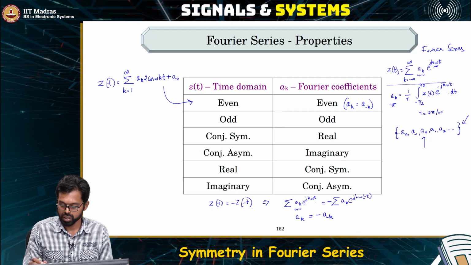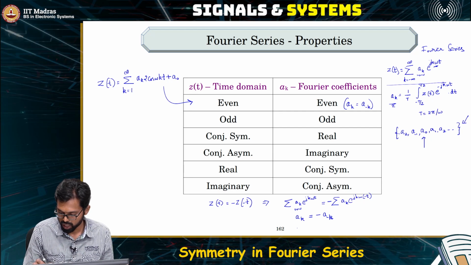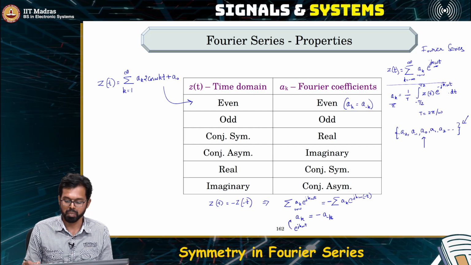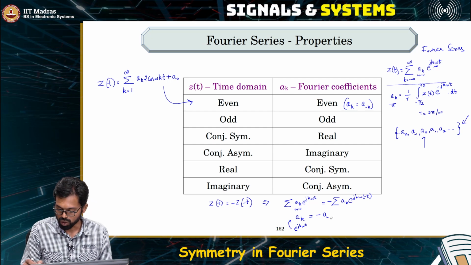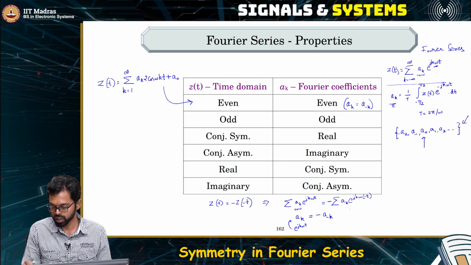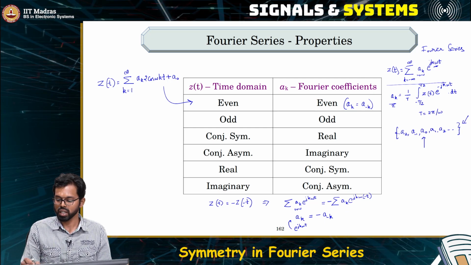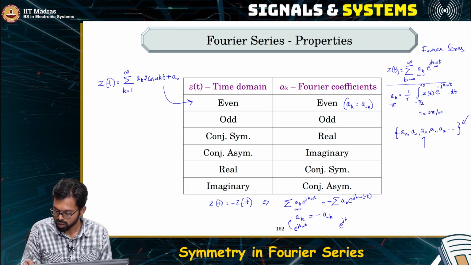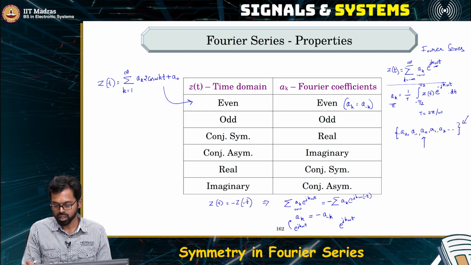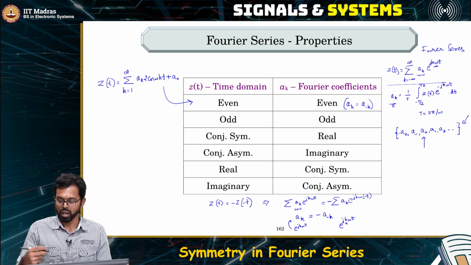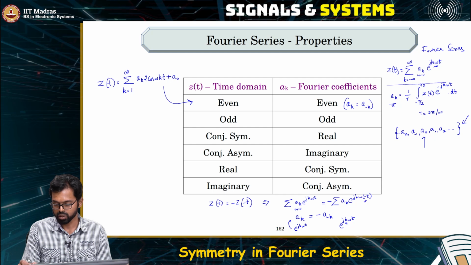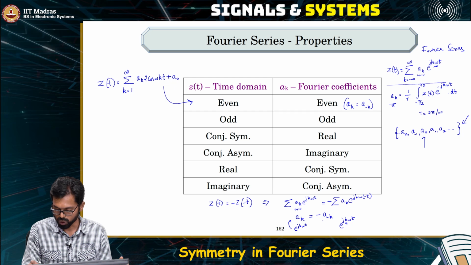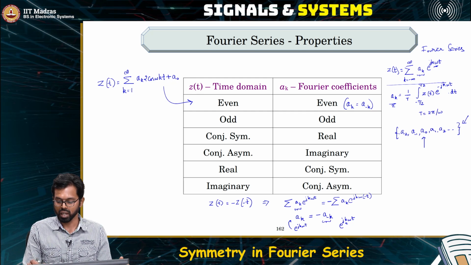Because the coefficient of e power j k omega t here is ak. And what is the coefficient of e power j k omega t here? When k is negative, we will get this negative to be cancelled out with the negative of k, which means k has to be negative, which means the coefficient is a minus k and there is a minus sign in front, right?